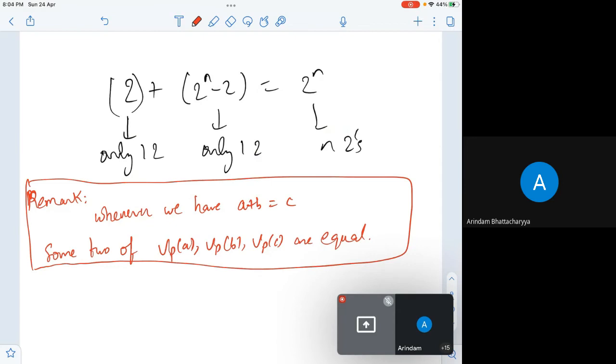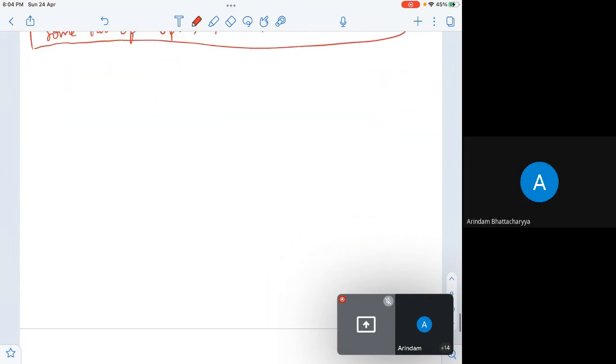If A and B don't have equal VP, then C will have the minimum of those, and then A and C or B and C will have the same VP. Right. So here's what we have: VP of AB equal to VP of A.